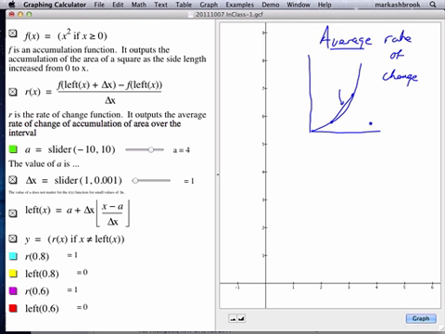what interval, right? So it's over a certain interval. It outputs the average rate of change of accumulation of area over what interval? Starting where and ending where? Tyler. Left end of delta. Oh, the left end of the interval where x resides. So, the right side of the interval.